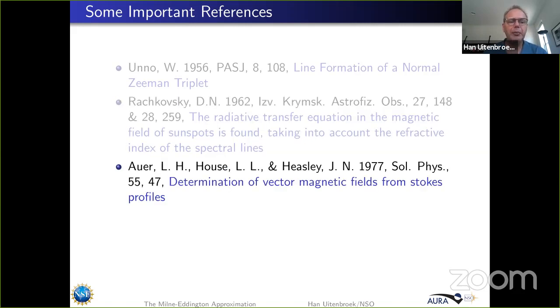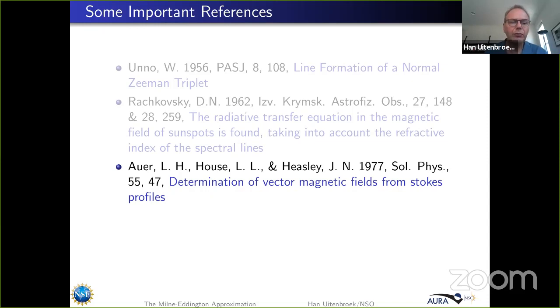Then the first time these ideas were turned into a practical method to determine vector magnetic fields from observed Stokes profiles is the paper by Auer from '77. Although there was a paper by Jack Harvey from '72 that already alluded to this kind of option, this is a more formal paper.